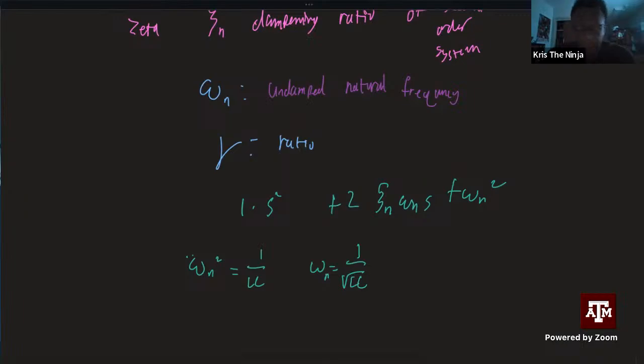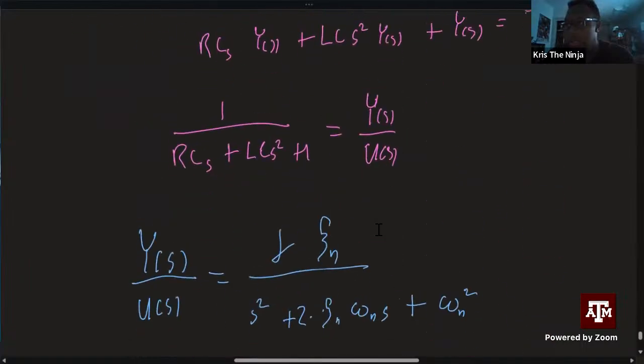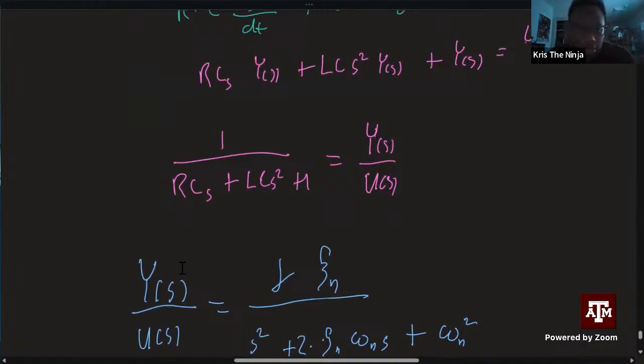Because if you look here, where is it? Did I write that wrong? I might have written that wrong. No, I didn't write it wrong. It just wasn't really expanded upon.